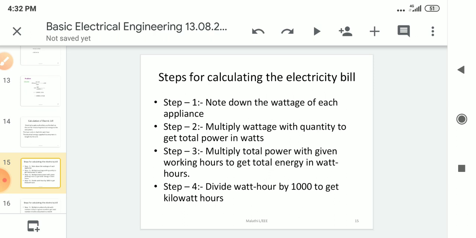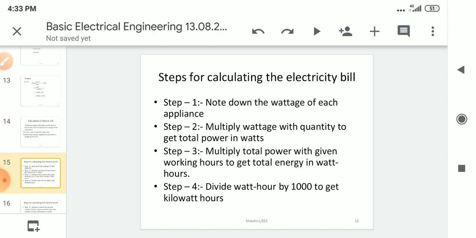Here, for calculation of this electricity bill, these are some steps. By following these steps, it is very easy to calculate. Let's see what the steps are.